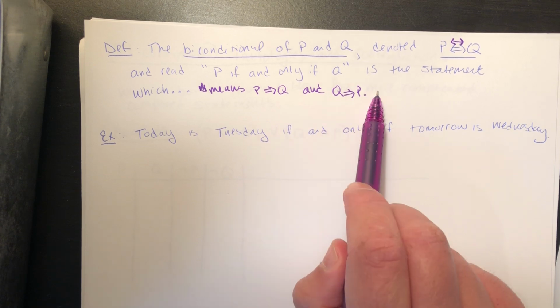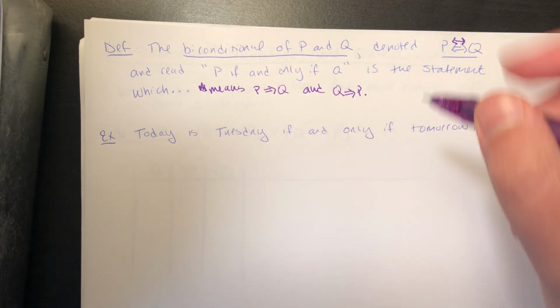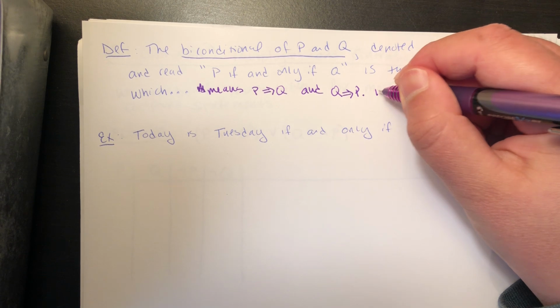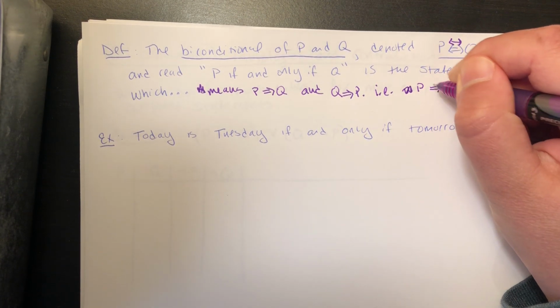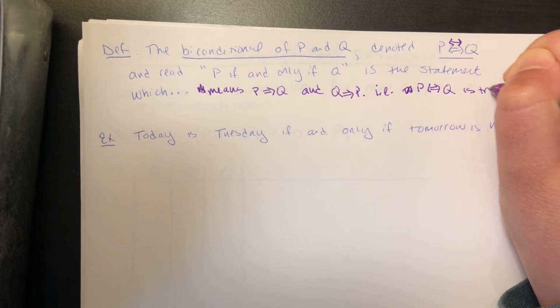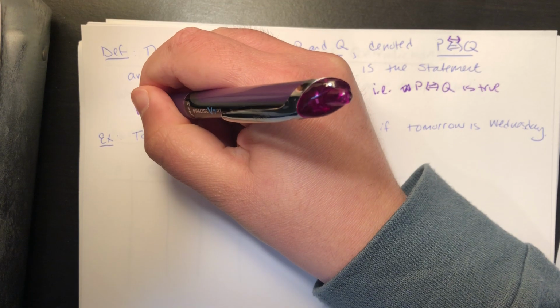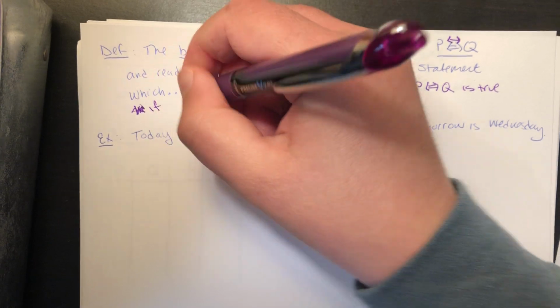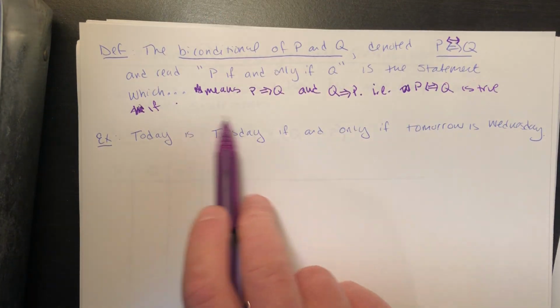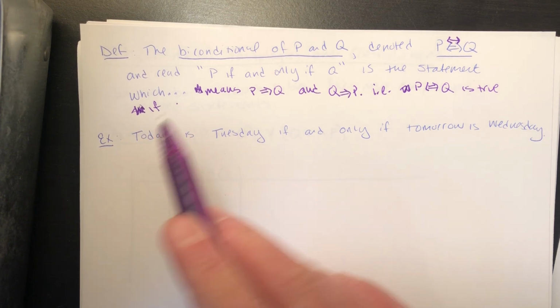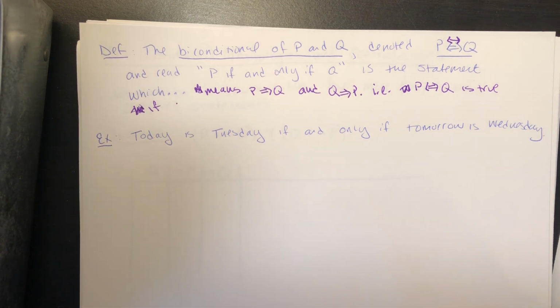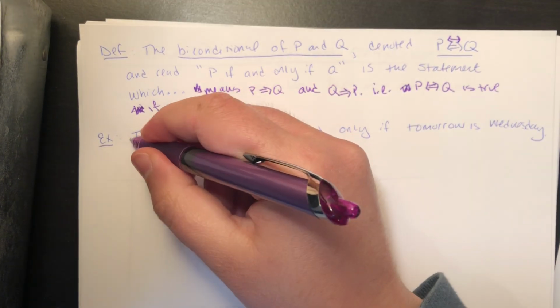And if Q is true, then P is also true. Actually, let's fill out the truth table first, and then we'll come back and try to finish this here.